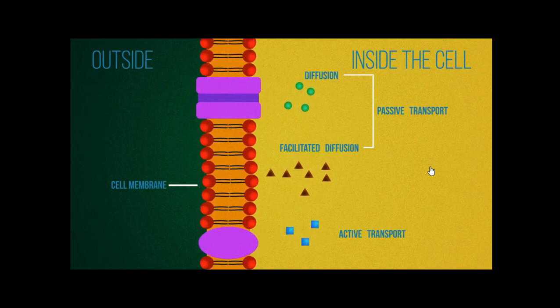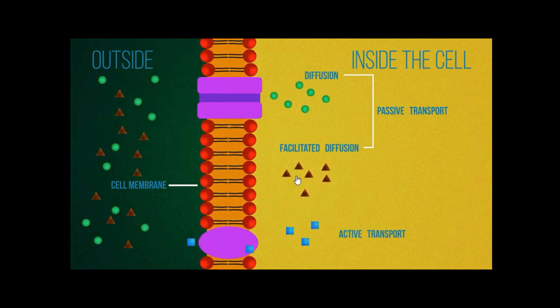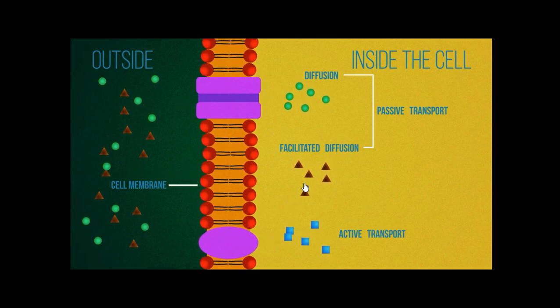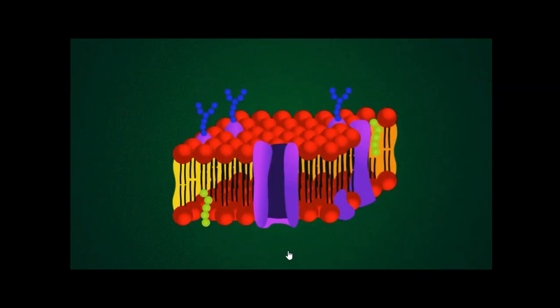See, inside and outside, and this is how the materials move against the concentration gradient. Some of the material can pass directly through the phospholipid bilayer.